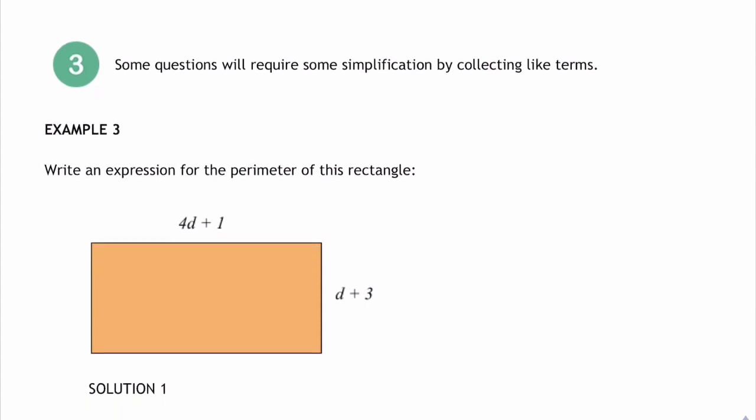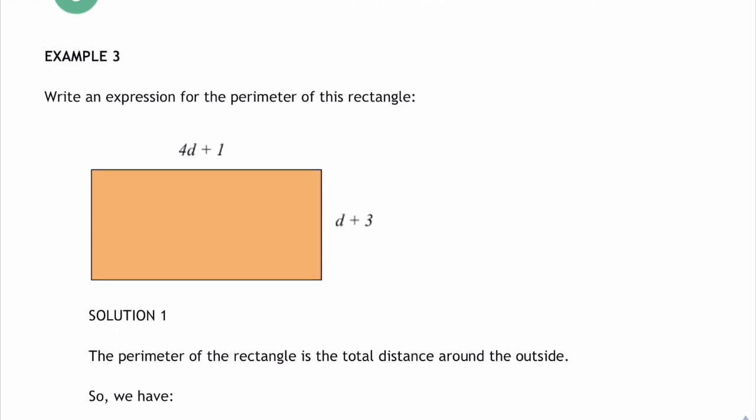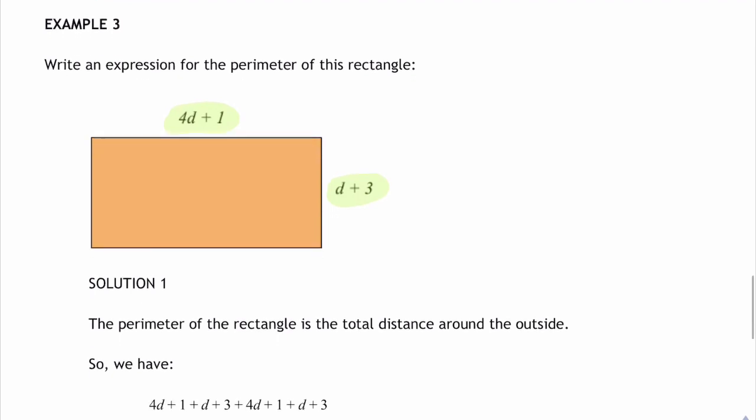What we need to know here is that for some questions we will be required to simplify by collecting like terms. In this example, we have a rectangle. We've got the length and the width of the rectangle: 4D plus 1 and D plus 3. The question asks us to write an expression for the perimeter of this rectangle.